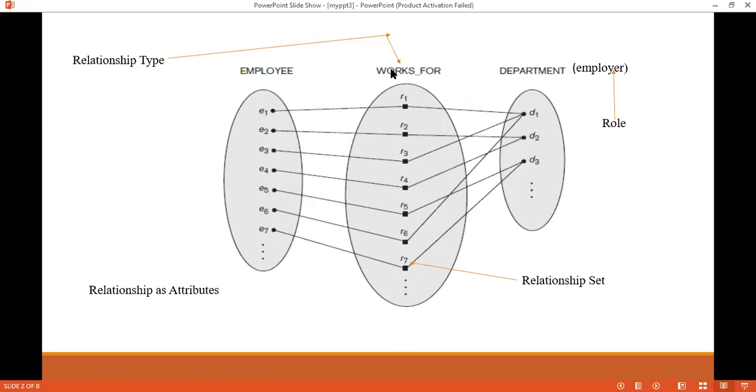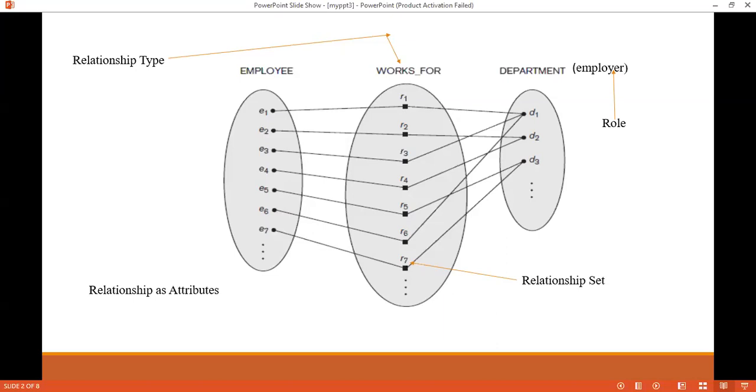So similarly here, works for is a relationship type. All these are called as a relationship, or in other words, they can be termed as relationship set. R1, R2, R3, R4, R5, R6, R7 respectively are called as a relationship set. My dear friends, you have understood what is the concept of relationship type and relationship set.